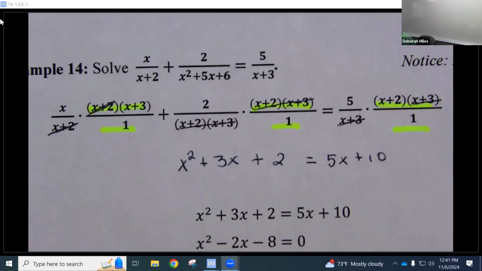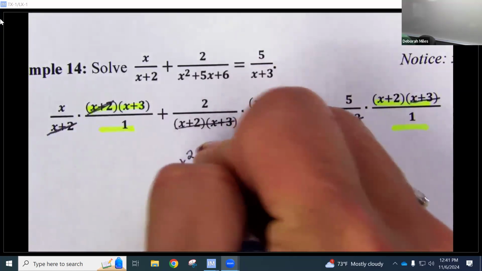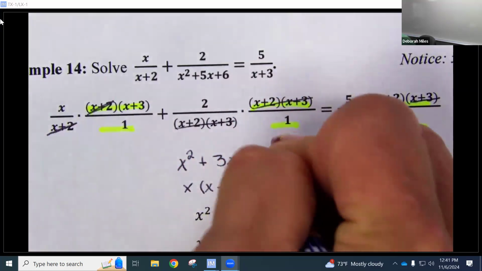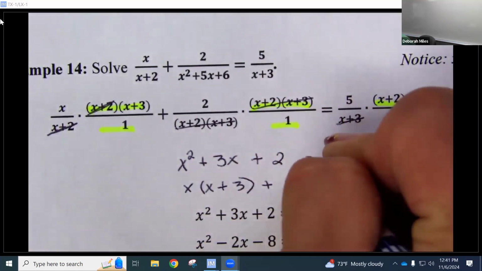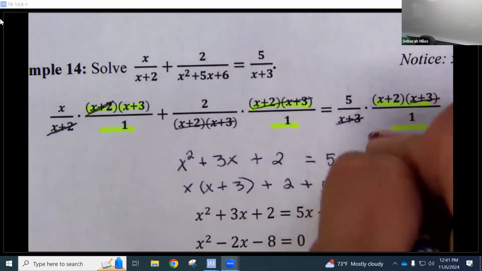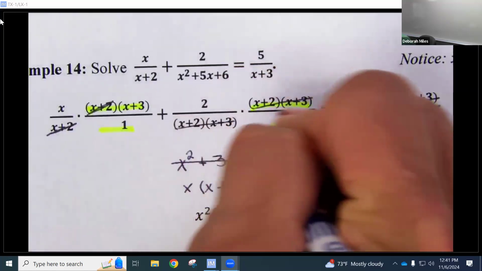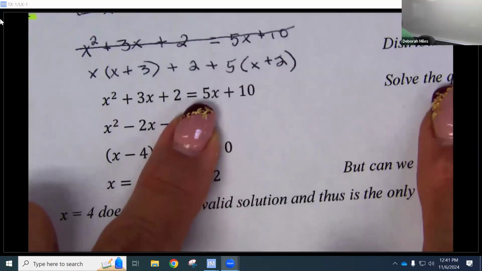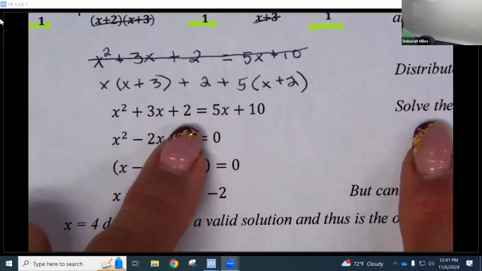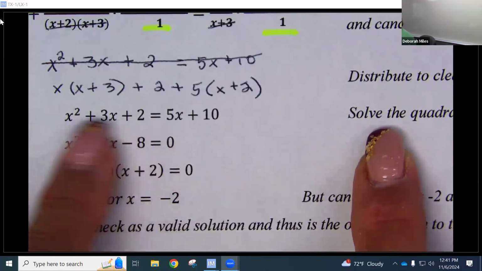I think what I meant to write there was before I distributed. You can tell that that's what I meant to write, so that when I distribute, I get this.